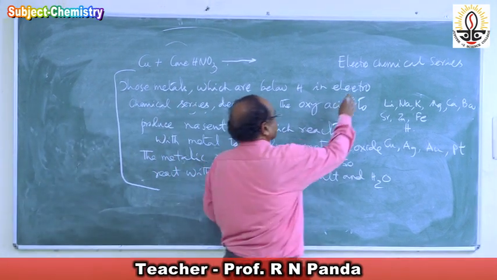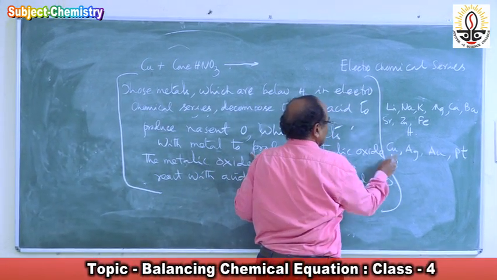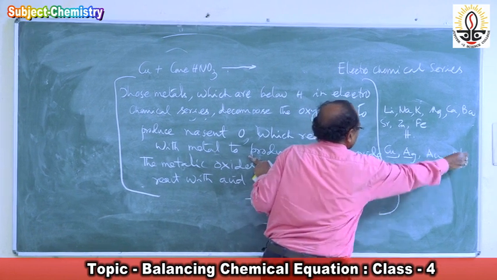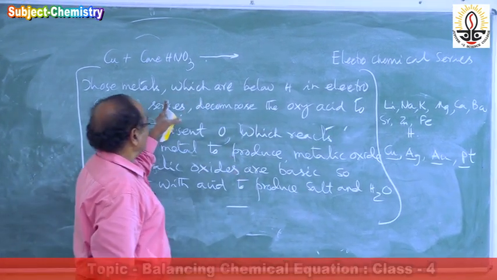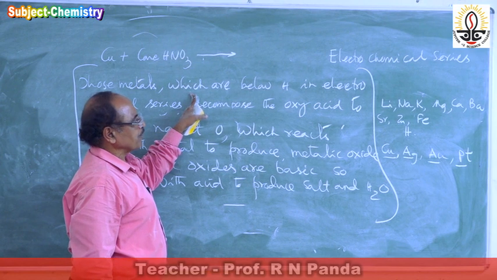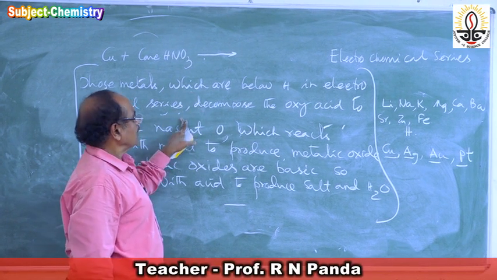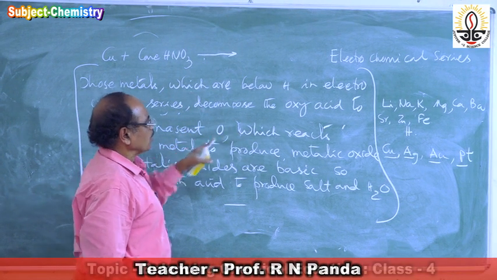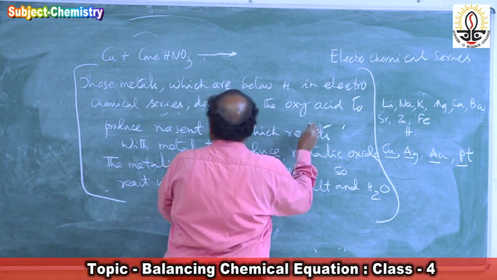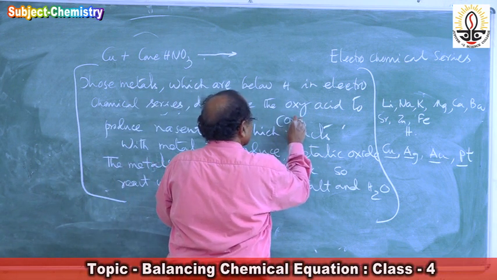And wherever this type of reaction comes, copper, silver, gold, platinum, they are below hydrogen. So those metals which are below hydrogen in the electrochemical series decompose the oxy acids. These oxy acids are oxidizing acids.